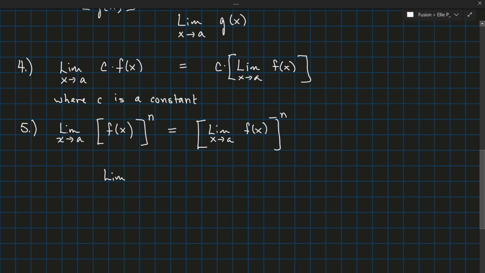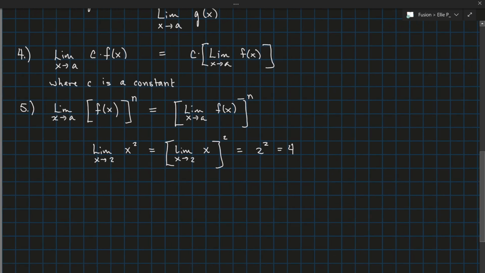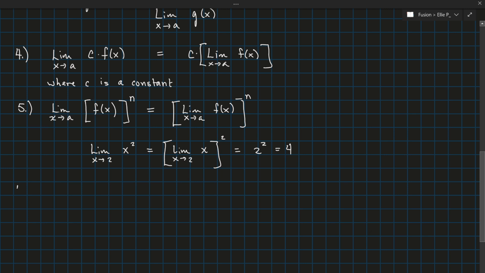So we had the limit as x goes to 2 of x squared. Well, that's the same thing as the limit as x goes to 2 of x, squared, which is 2 squared, or 4. Okay. And last but not least, oh, by the way, for this one, n can be a fraction.